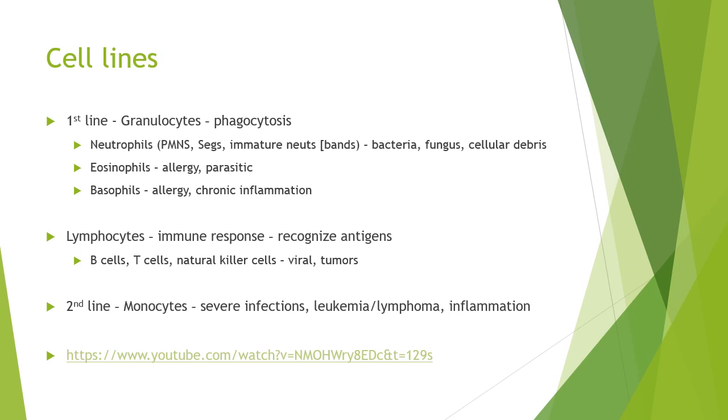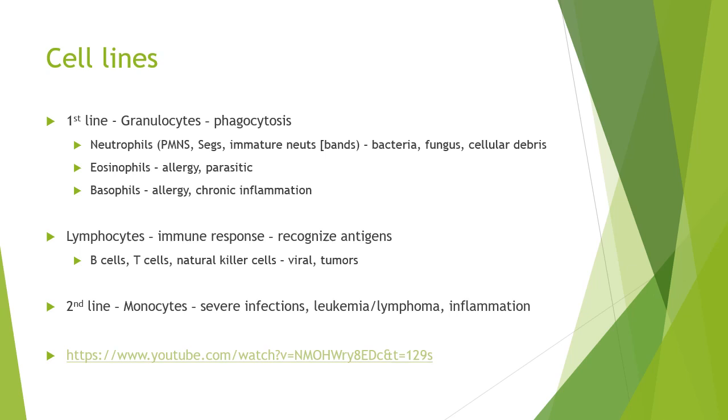So your granulocytes, they're involved mostly in phagocytosis. Your neutrophils, they are primarily involved in bacterial and fungal invasion, and then they clean up cellular debris. Your eosinophils, those are mostly involved in allergy and parasitic infections, and your basophils involved with allergy and chronic inflammation.